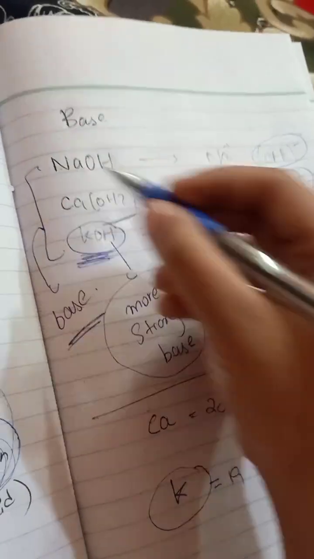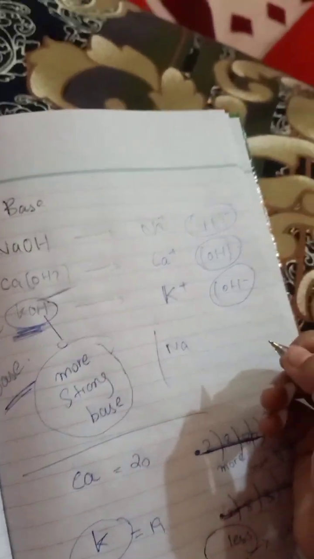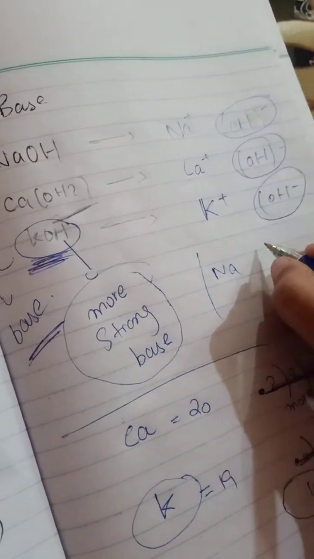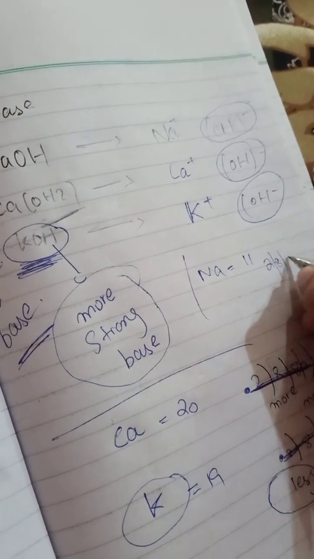If you are comparing sodium, sodium has atomic number 11, so 2, 8 and 1.